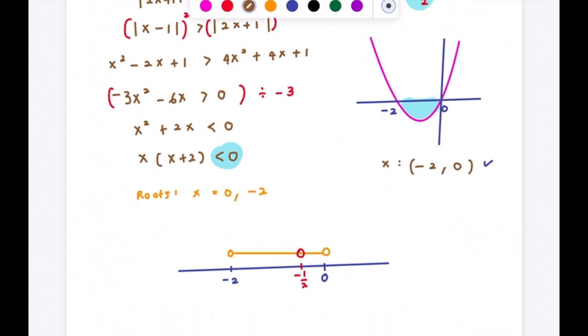So you have to split the answer, which is x is from -2 until -half, open bracket, union, continue back from -half until 0. Then this is your final answer. So please consider denominator cannot be 0. Okay.